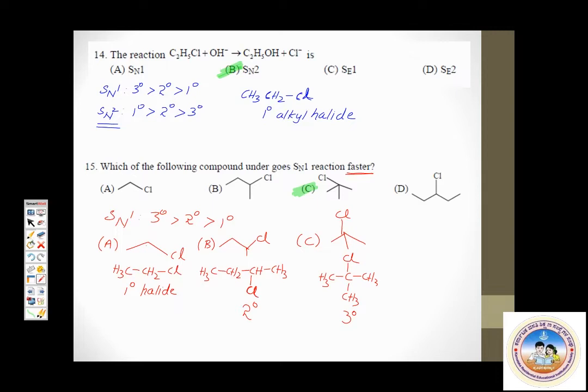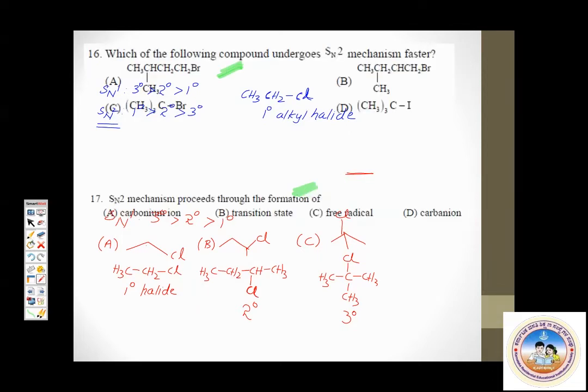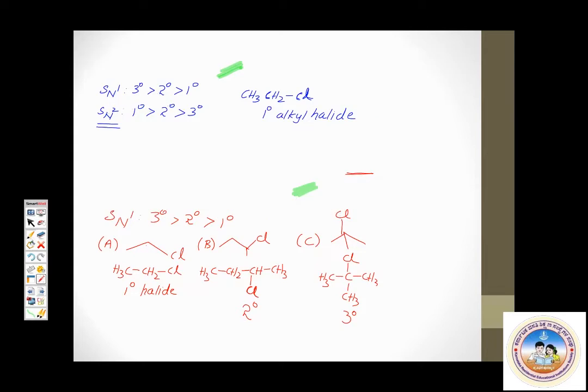Now next question, question number 16. Okay, before we take up question number 16, we have a very important idea to understand, and that is optical isomerism. Okay, so we know stereoisomerism involves 2 types, geometric and optical.